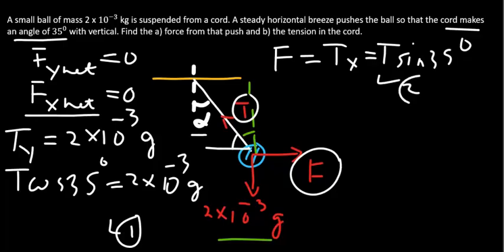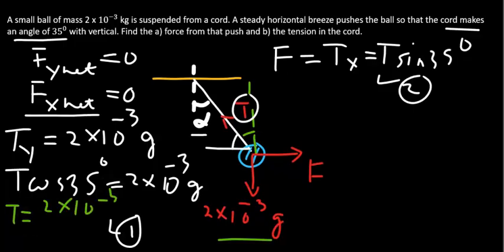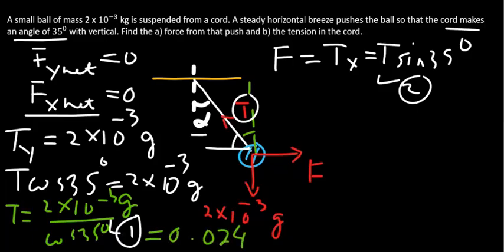So that is equation 2. We can solve the tension from equation 1. So from equation 1, tension is 2 times 10 to the power minus 3 times g over cosine 35 degrees. And that's going to give you 0.024 newtons for the tension.